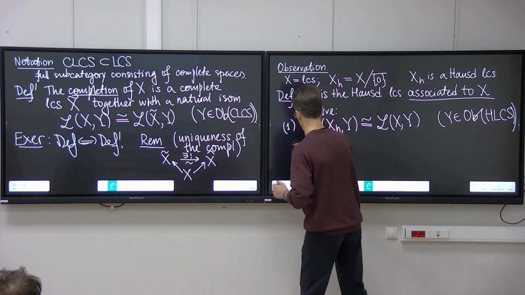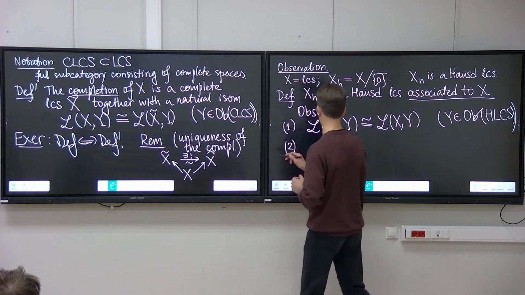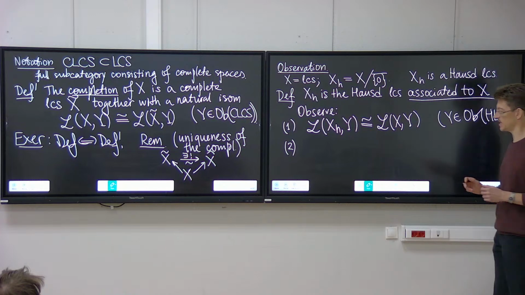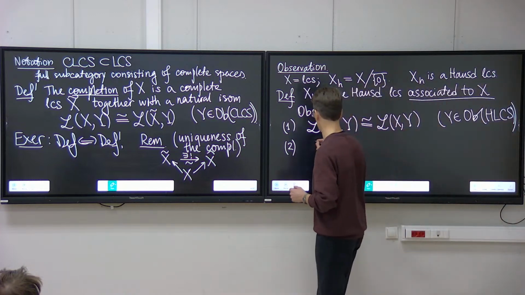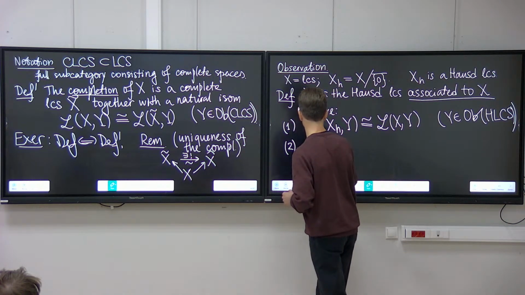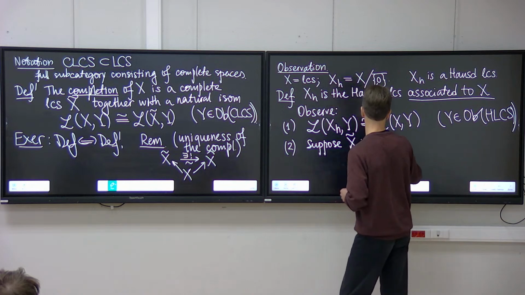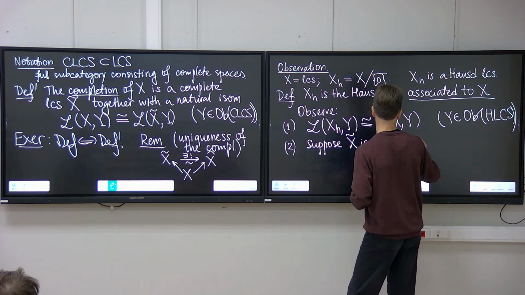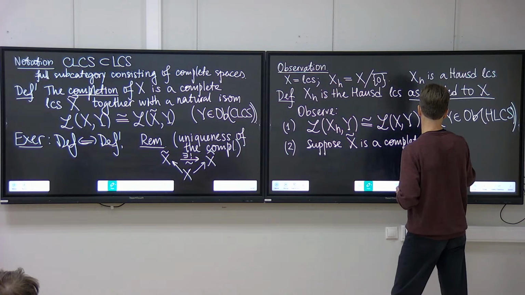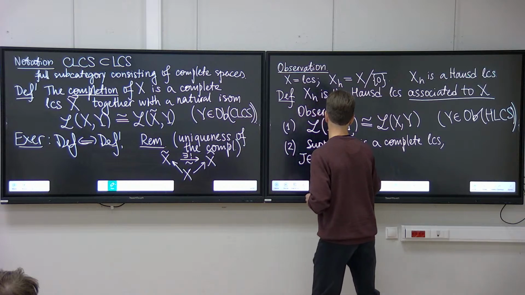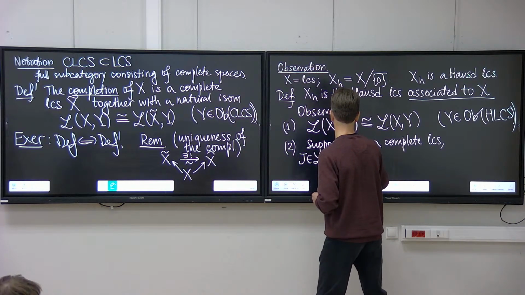And the second observation is that to construct the completion of X, it suffices to construct the completion of X_H. More exactly, suppose that X tilde is a complete locally convex space, and J is a continuous linear map from X_H to X tilde.